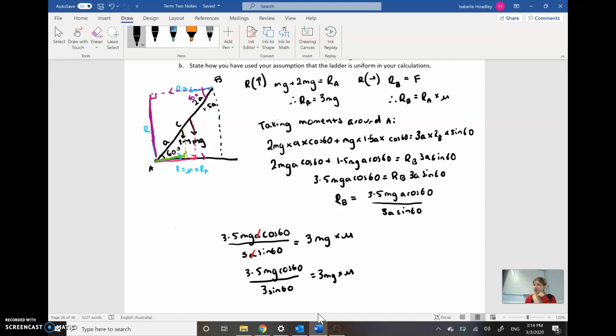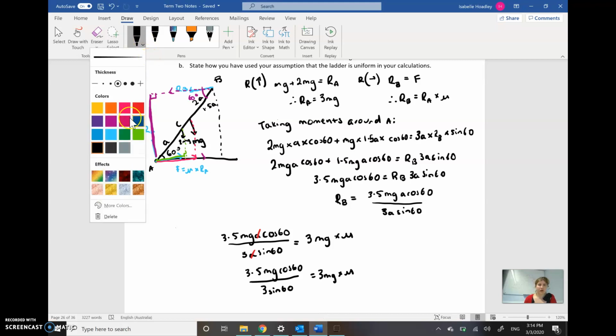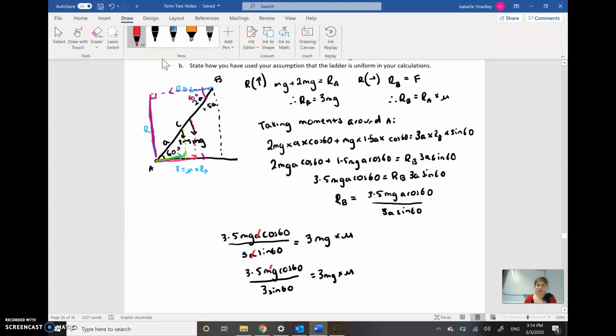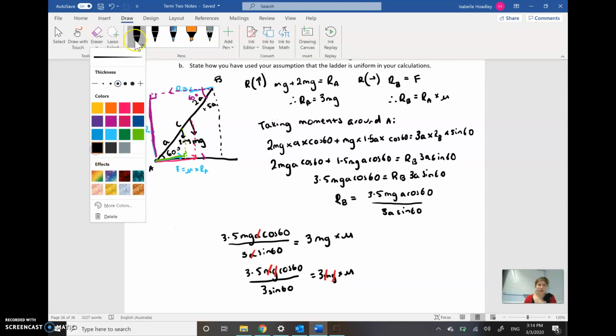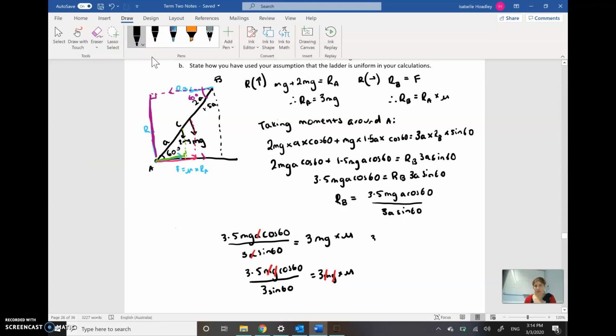So from this point, I'm just trying to think about whether I want to put it in exact values or not. I don't think I really do for the moment. So what I'm going to do is divide through by mg, because you can see you've got mg on both sides of the equation. Okay, and I end up with 3.5 cos 60 over 3 sine 60 equals 3 times the coefficient of friction. All right, now I should be able to divide through by 3.